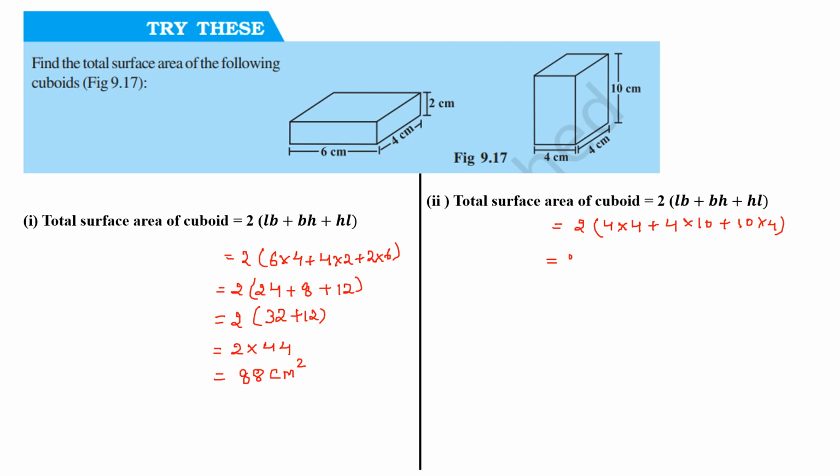So it will give me 2 times 4 into 4 is 16 plus 40 plus 40. So it will be 2 into, now 40 plus 40 is 80, 80 plus 16 will give me 96. And from here if I multiply, 6 2s are 12, 9 2s are 18, so 192 centimeter square. Okay. So these are the try these.